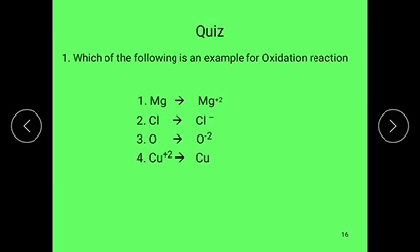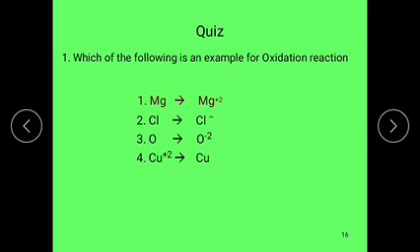Among these, magnesium, when it loses two electrons, converts to magnesium plus 2. Cl, when it gains one electron, converts to Cl minus. Oxygen, when it gains two electrons, converts to O minus 2. Copper plus 2, when it gains two electrons, converts to copper. These three are reduction reactions. The first one is the right answer.